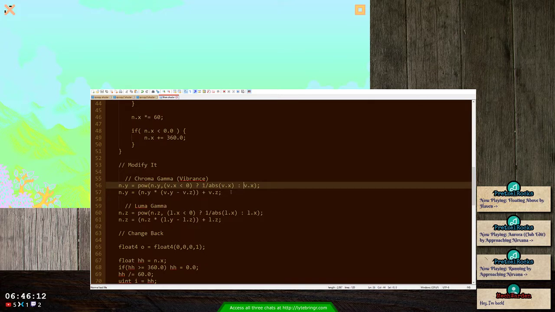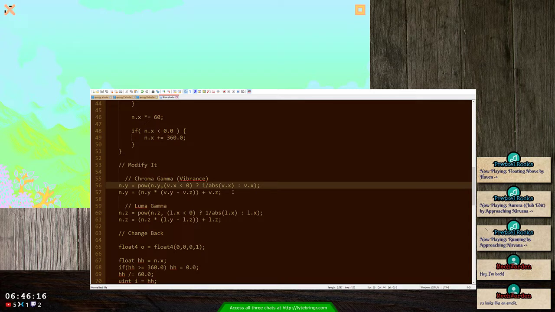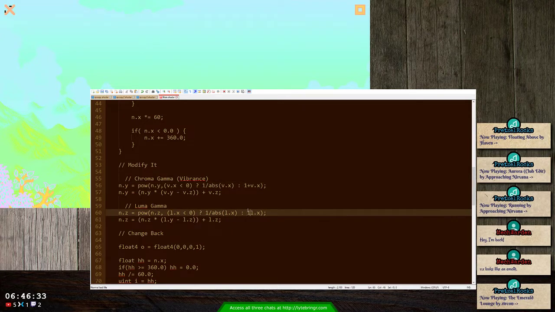Because it should be... B.X does, in fact, look like an emote. Okay, so when it equals 0, it should output 1. If it's less than 0, it should output a fraction.